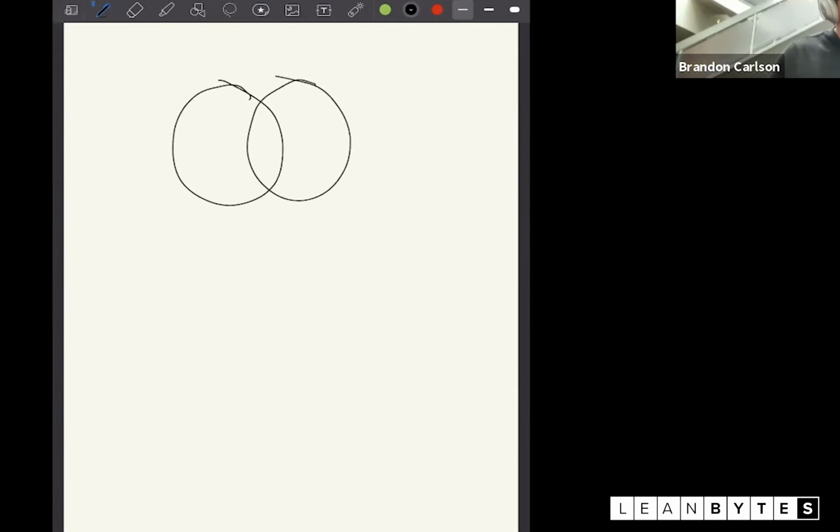What we've got is the set of knowns, what we know, and the set of unknowns, what we don't know. So over on this side, there are things we know that we know.